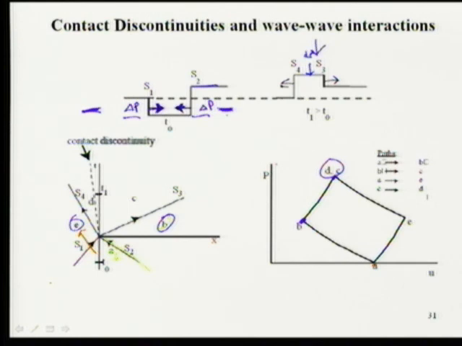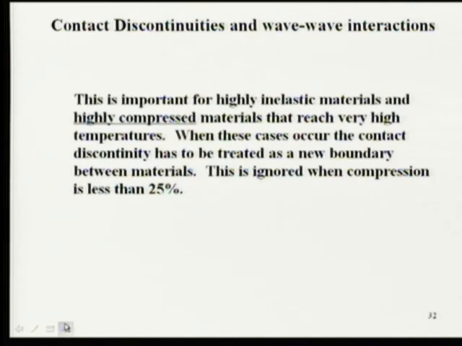Now, in principle, that's always true, but it's usually a degree or so, and it doesn't really matter. But for certain materials, if they're highly porous or highly compressible, that temperature difference can be more than just a degree or two, and therefore you may run into some different phenomena than you would expect.